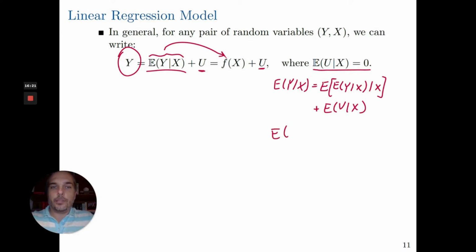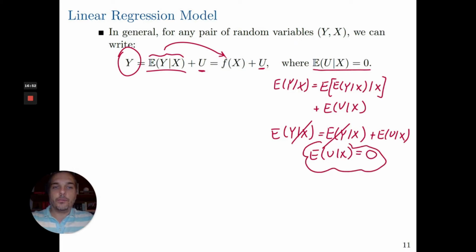So this will be the conditional expectation of y given x. This here is exactly expectation of y given x, plus expectation of u given x. So these two cancel out. So we have conditional expectation of u on x equal to 0, what we intended to show.